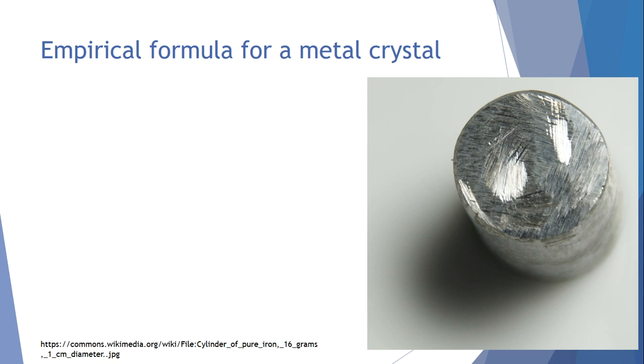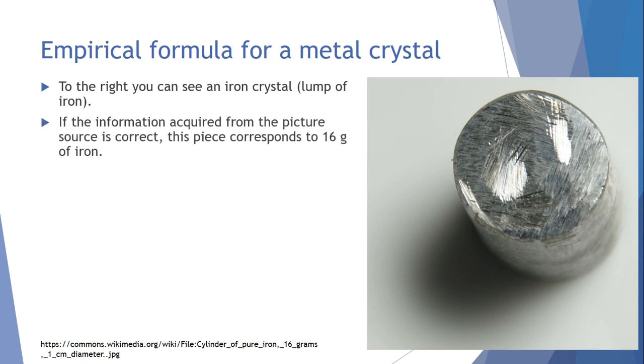So let's look at a lump of iron, which I have a picture of here from Wikipedia Commons. It's an iron crystal, as I'm referring to it, and we'll get into what I mean with a crystal structure. But it's a lump of iron, all right? And based on the source behind this picture, this piece corresponds to 16 grams of iron. Not that much.